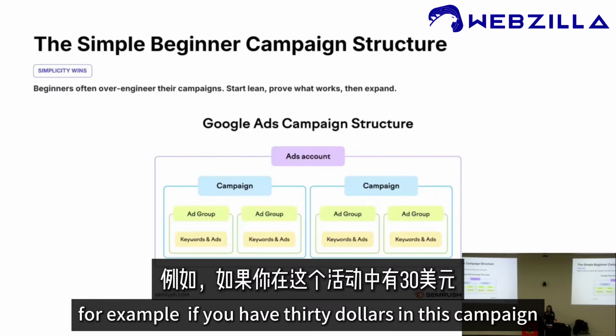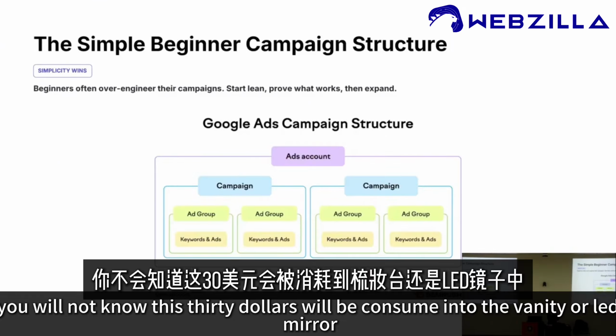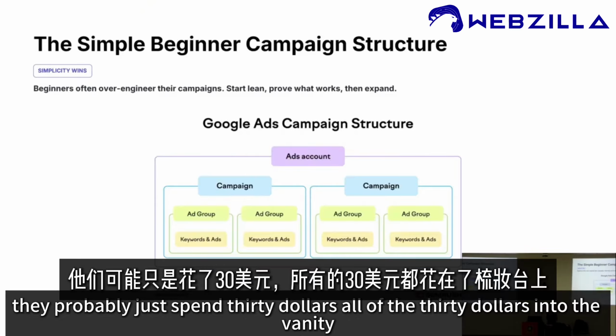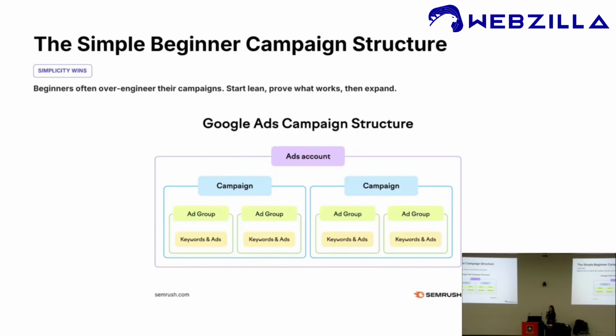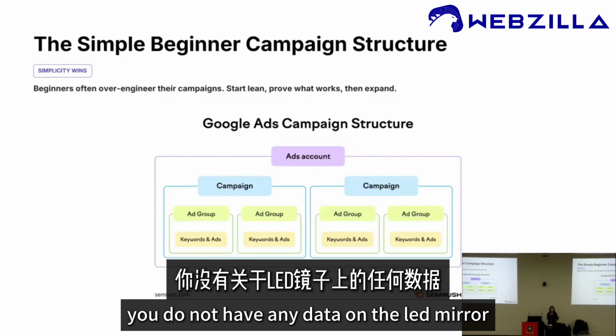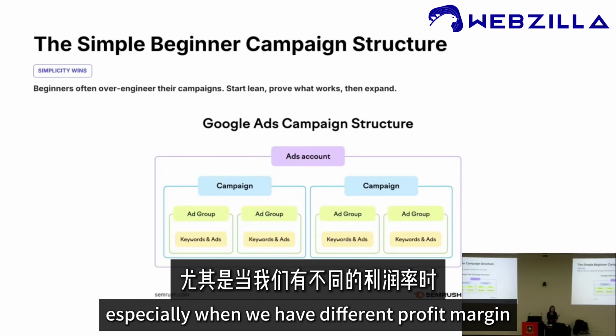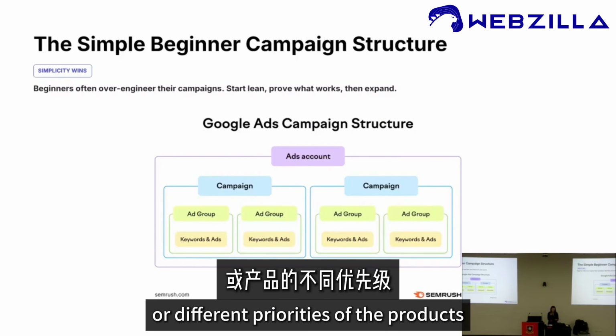For example, if you have $30 in this campaign, you will not know this $30 will be consumed into the vanity or LED mirror. Google will decide. They probably spend $30, all of the $30 into the vanity. Then after 1 month, you do not have any data on the LED mirror. So that's why we need to separate them into the different campaign, especially when we have different profit margin or different priorities of the products.